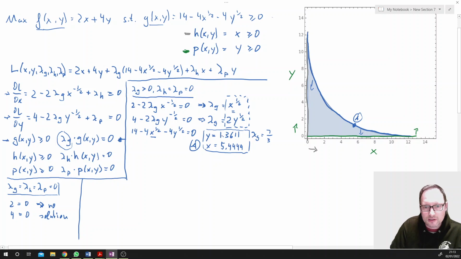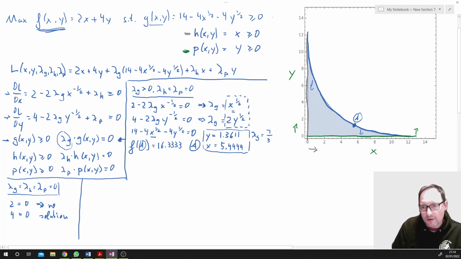So you just take these two values for y and x and plug them into the function. And once you do that, you get a function value, let me abbreviate it like this: function value at point A, and the function value is 16.3333. Okay, so this is our first potential candidate solution.